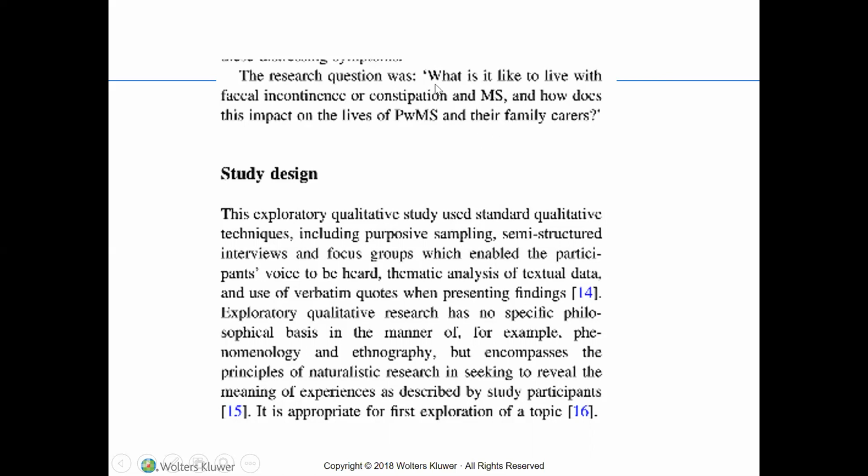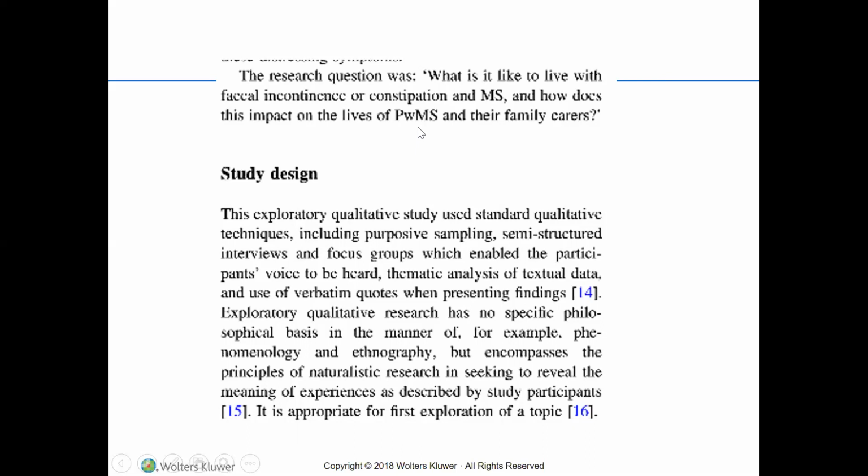They did have a research question: what's it like to live with fecal incontinence or constipation and multiple sclerosis, and how does that impact the lives of people with multiple sclerosis and their family carers? One thing I want to note is this "pwMS," because in qualitative research, just like in nursing, we try not to label people by the conditions that they have.